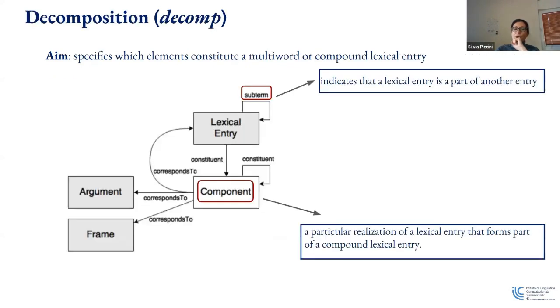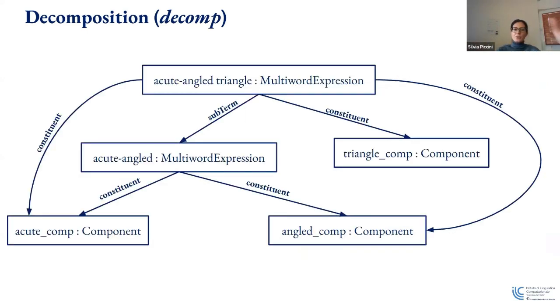Then we have the decomposition module, and we work with this today, that specifies which elements constitute a multi-word. And we have the relation subterm that indicates that a lexical entry is a part of another entry. And then we have the class component, as you can see here.